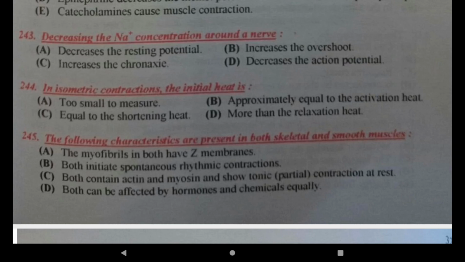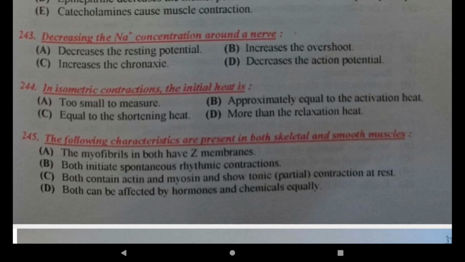Isometric contractions are contractions that involve an increase in tension but do not show any change in length, like when you are pushing against a stationary or fixed object. The most correct answer is B, approximately equal to the activation heat.